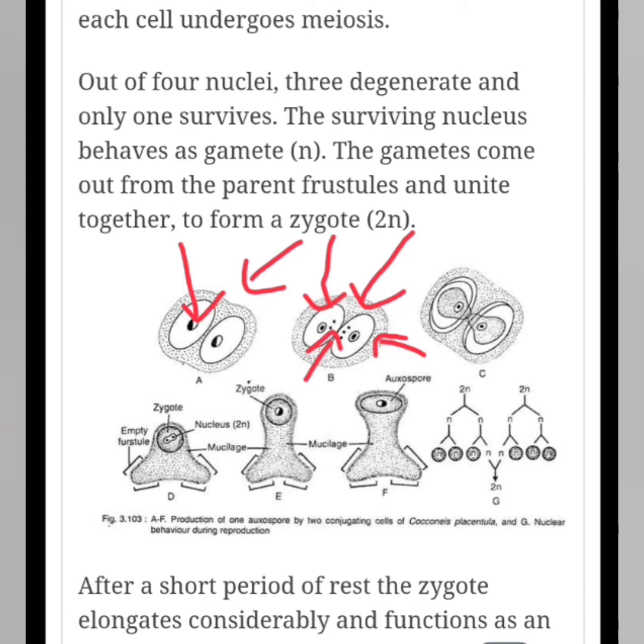And these gametes, as you can see in figure C, come out from the parent frustule and start to unite together, and after uniting, they give rise to a zygote. This lower portion here is the empty frustule. Why is it empty?